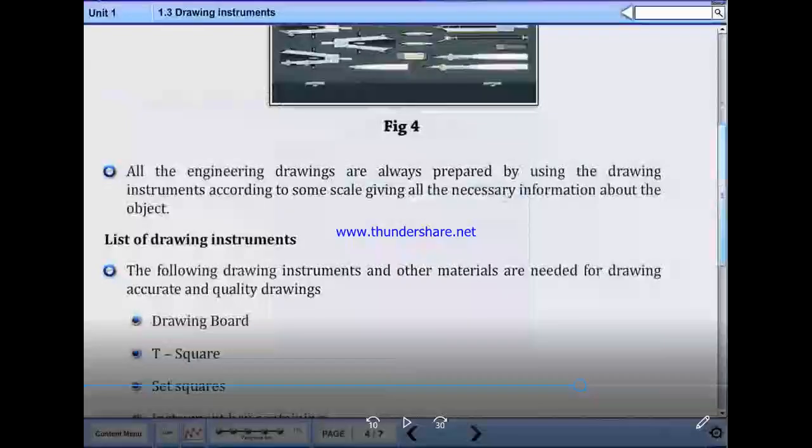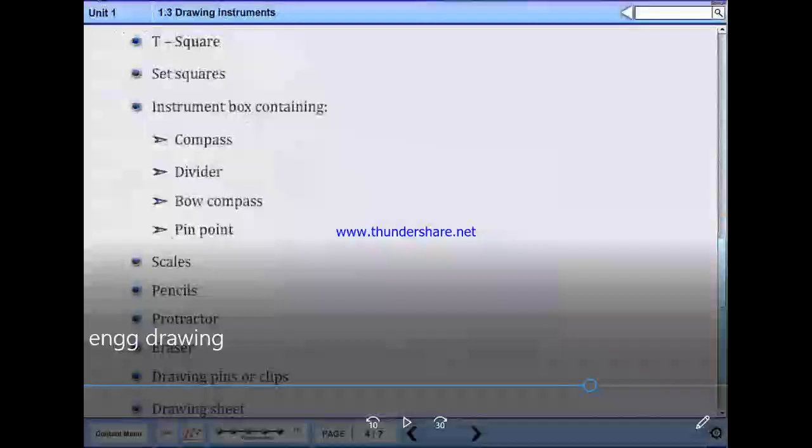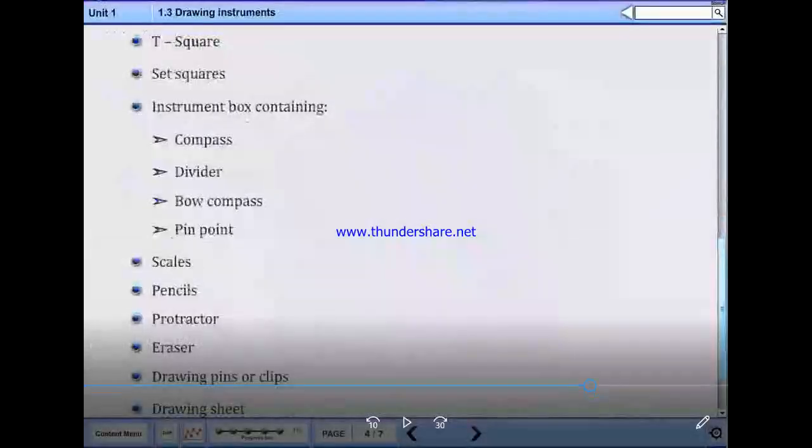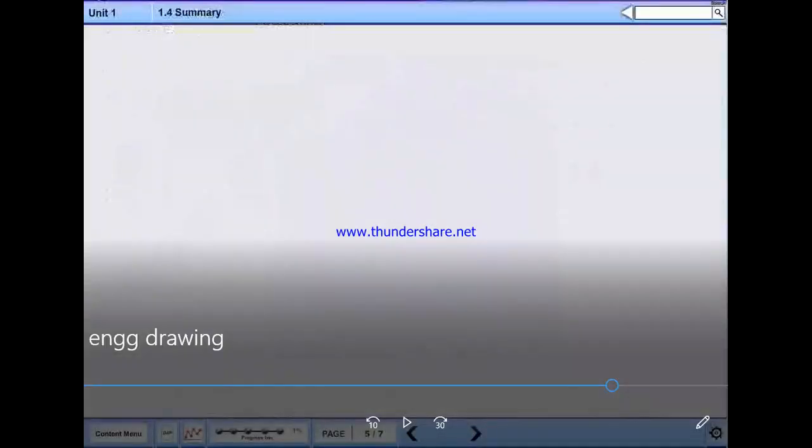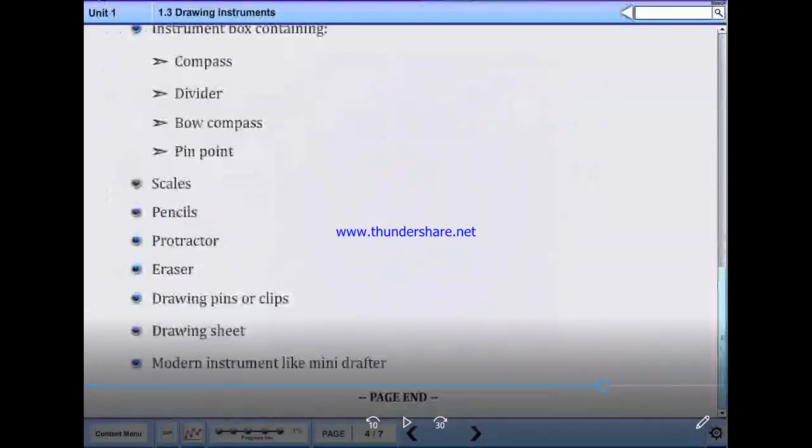One is drawing board, T-square, set square, instrument box containing compass, divider, bow compass, pinpoint, scales, pencils, protractor, eraser, drawing pins or clips, drawing sheet. Modern instruments like mini drafter. So these are the instruments which are required in engineering drawing.